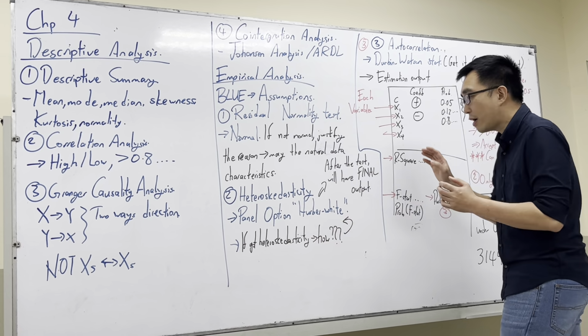So why is it like this? You have to go through the theories and journal articles to support it, which you wrote in chapter 2. Each variable x1, x2, x3, x4, you also have to interpret. Positive or negative, you have to get journals to support.